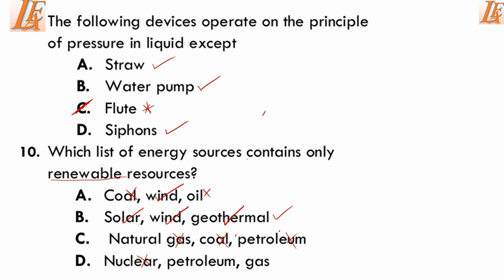Petroleum is non-renewable. And gas is also non-renewable. So the correct answer for a set with only renewable sources of energy is B, which contains solar, wind, and geothermal. These sources can never be exhausted since they are naturally obtained.